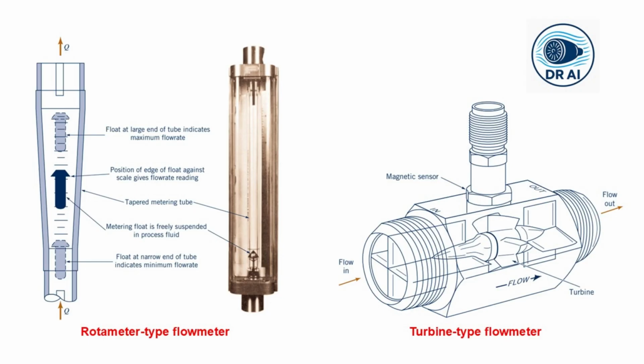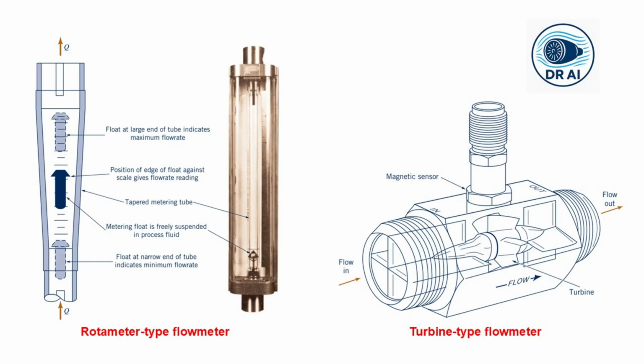The key is that the drag force depends on the velocity of the fluid in the annular gap around the float. For a higher flow rate, the float must rise to a position where the larger gap reduces the velocity enough to balance the forces. So the height of the float is directly related to the flow rate.